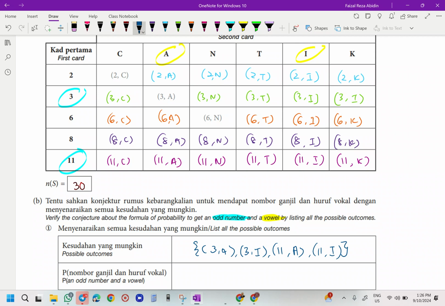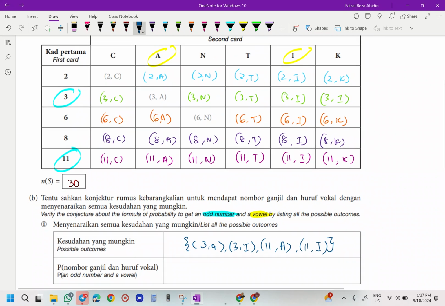Remember how to find probability just now? I asked you to find the simple probability. To get the probability of event A, you take the number of that event divided by the number of the sample space. Sample space, you got 30, right? How many in our event here? 4. So you are going to write 4 out of 30.